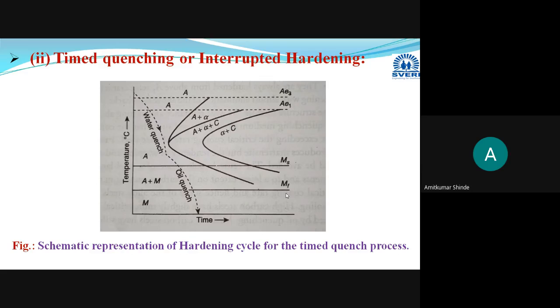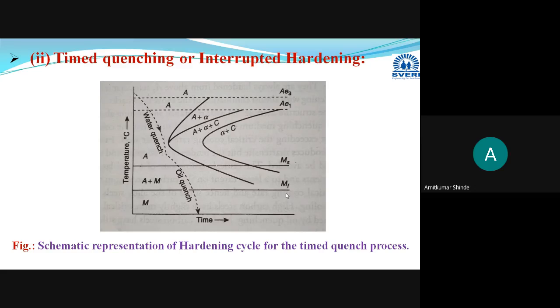In this interrupted hardening or time quenched hardening, the first two steps, that is the heating cycle and the holding time or soaking time, will be as they are, you can write them as it is. Just the cooling cycle here will be different.